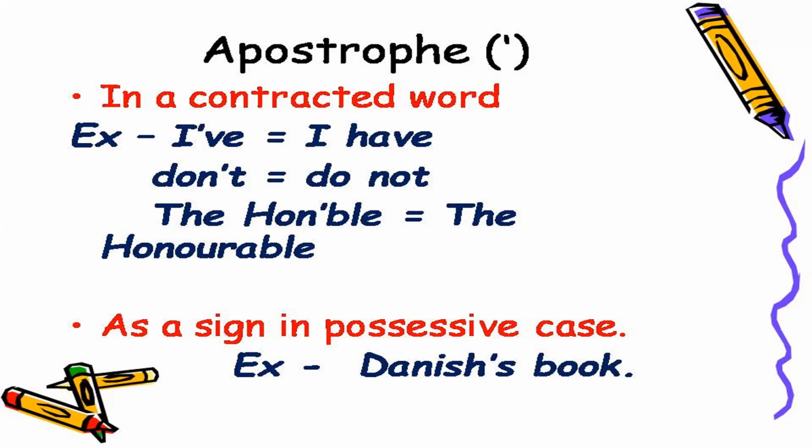So when I'm talking about the bones of the dogs, not the bone of a dog, then I will write dogs, after S, I will put an apostrophe and then bones.